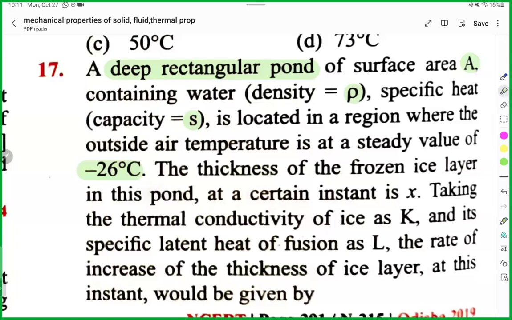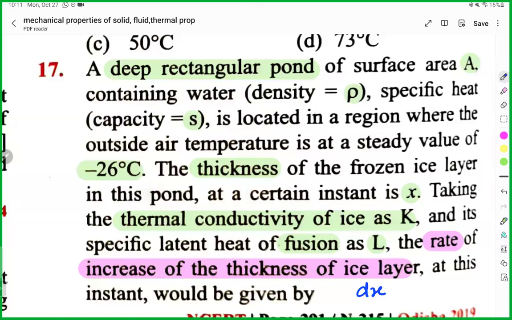The thickness of the frozen ice layer in this pond at a certain instant is X. Taking thermal conductivity of ice as K and latent heat of fusion as L, you have to calculate the rate of increase in the thickness of the ice layer. It means dx.